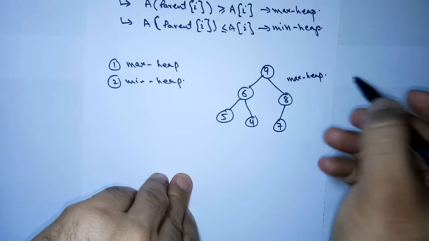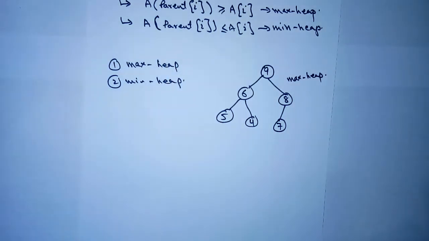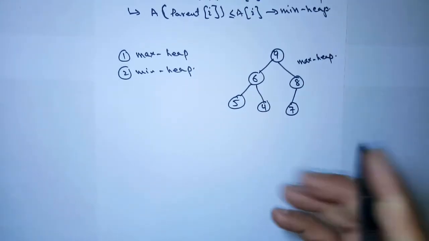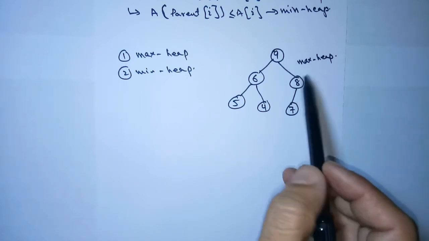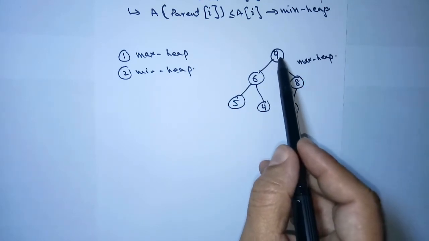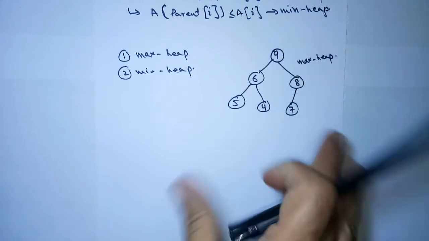So a max heap is when the parent node is greater than both of its children and it is implemented as a binary tree. Clear? Okay, and one more thing: in a max heap, the largest value is always present at the root.